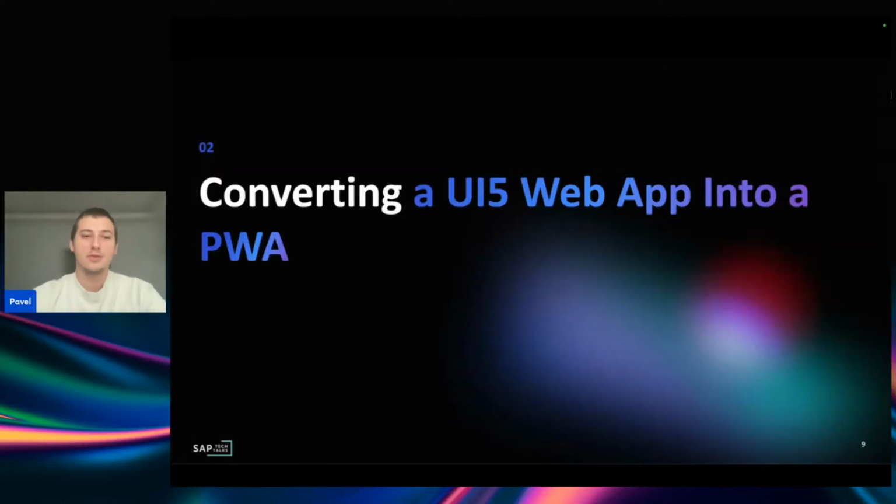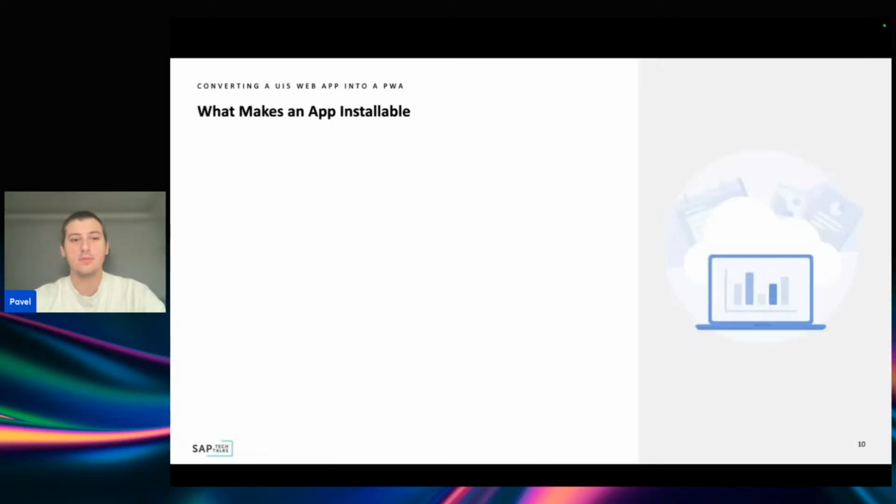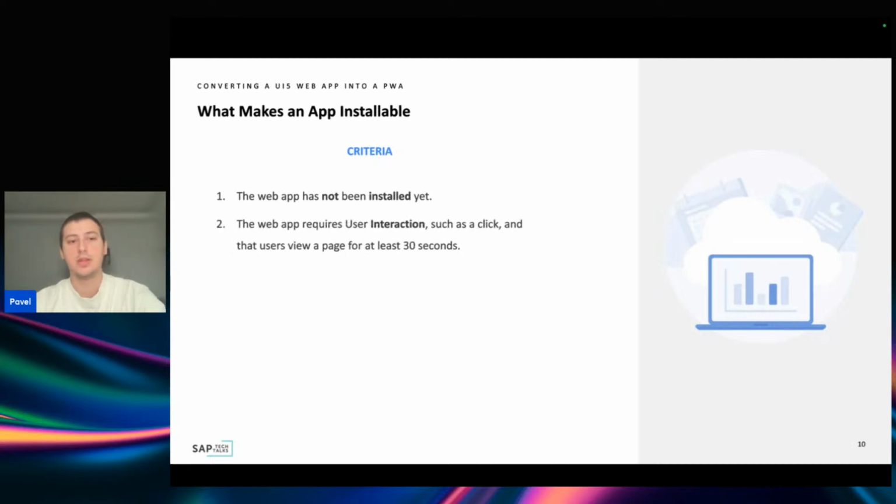Let's see how we can convert UI5 application into progressive one. There are some criteria to make it installable, and let's see what they are. First of all, the app has not been installed yet. As I showed, if it's already installed, we will see open in app button instead of install button. This is pretty clear. Next thing is that the user has to interact with our website.